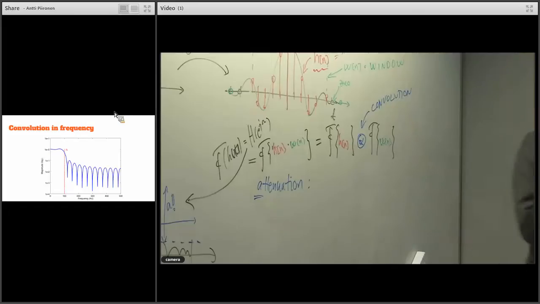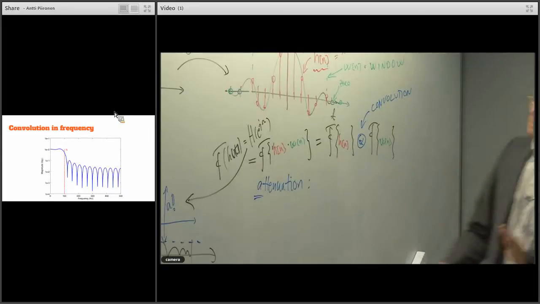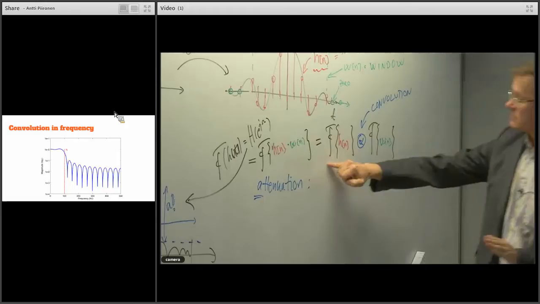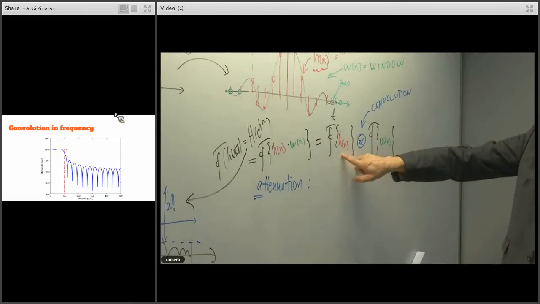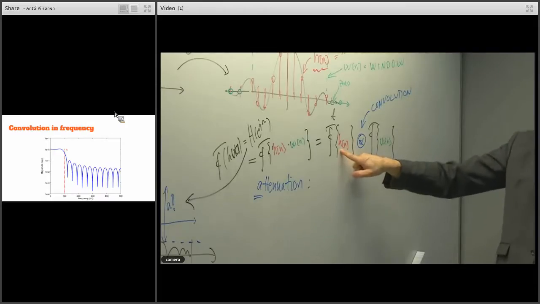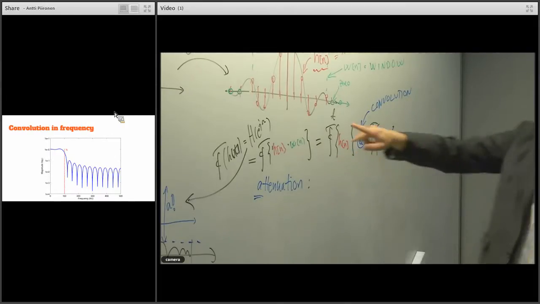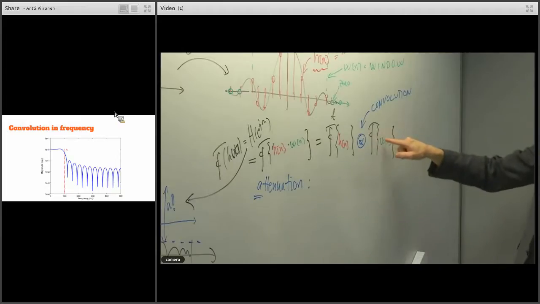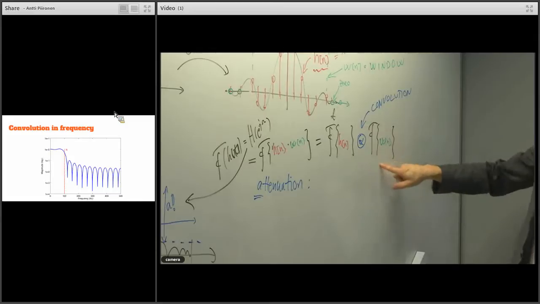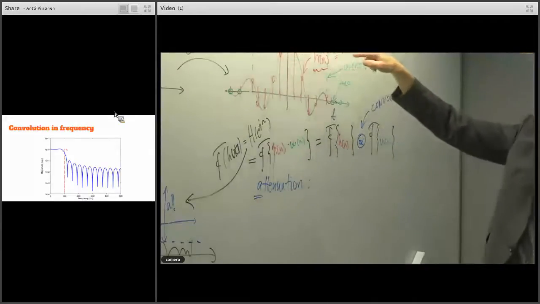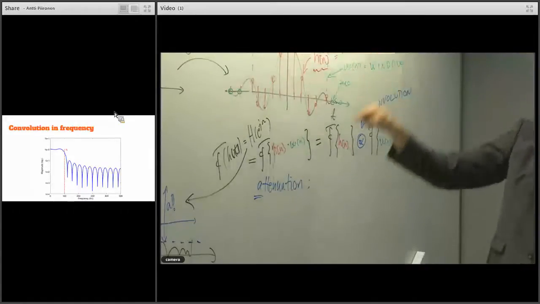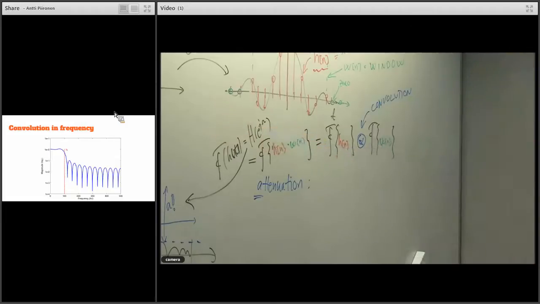So we are taking basically the amplitude response part of the sampled sinc, which is a box, and then we have the amplitude response part of the window. And here the window is a rectangle, which means that in frequency space it's a sinc.